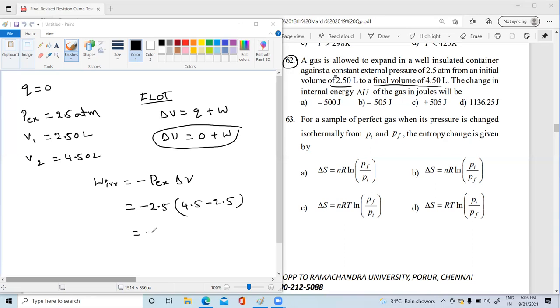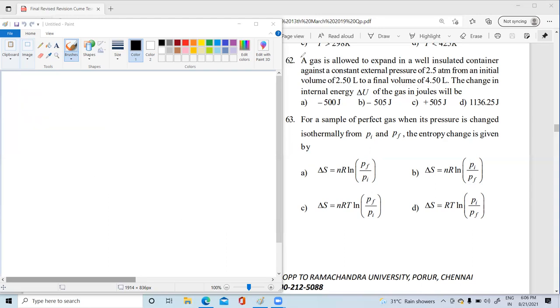On simplification, we'll get minus 5 liter atm. But in the question they have given in joules, right? So multiply by 101.3 joules, because 1 liter atm equal to 101.3 joules. So students will get minus 5.5 joules as the answer.